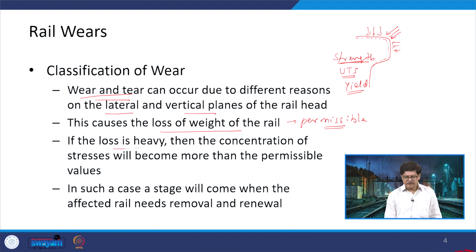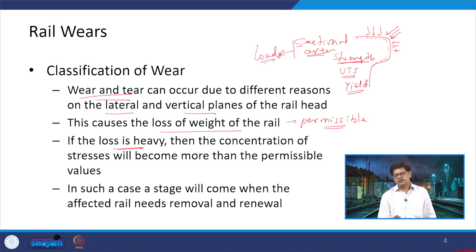Now if the loss is heavy, then what will happen? The total sectional area which is required to take up those loads is now reduced. If this is reduced, it means there is going to be a heavy concentration of stresses, and with respect to the strength parameters, the yield strength or the ultimate tensile strength of the rail head section or the overall section of the rail, there will be a problem, and this type of rail needs to be taken out.